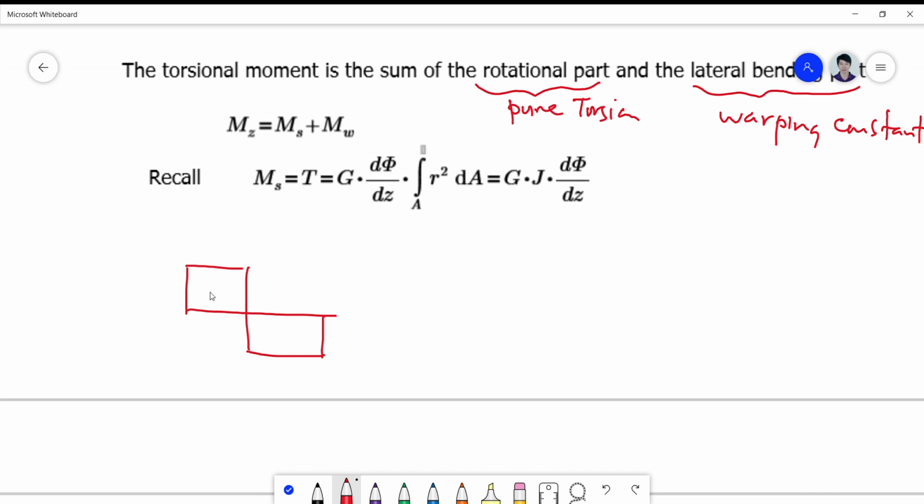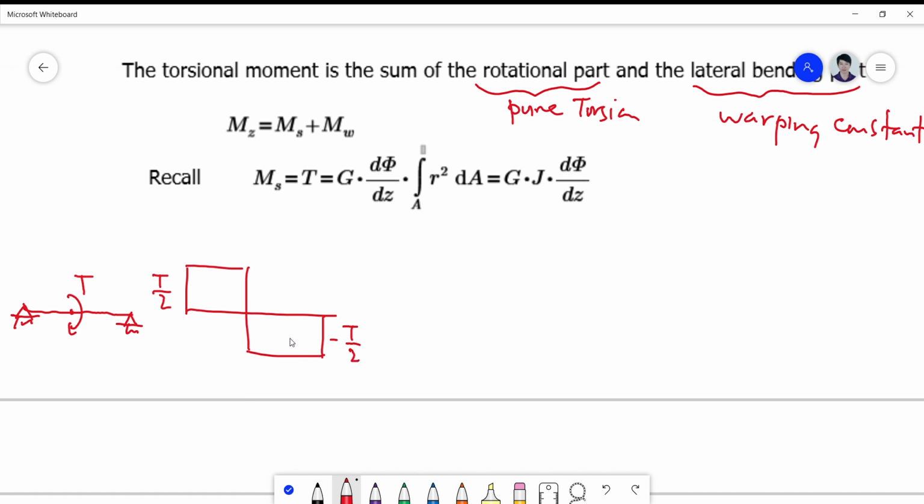Okay, so if I have a beam here, which is simply supported, and I apply a twisting, so I apply a torque here at the midspan, say T, my torsional shear diagram will simply be equal to T over 2 there and negative T over 2 here.